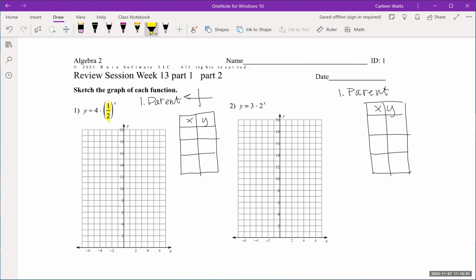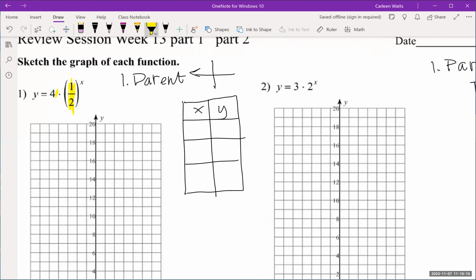If the base of the exponential is a fraction, this is not an airplane taking off. This is an airplane coming in for a landing. Because of the fraction, it's getting smaller.